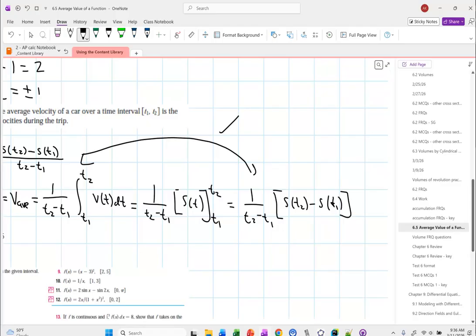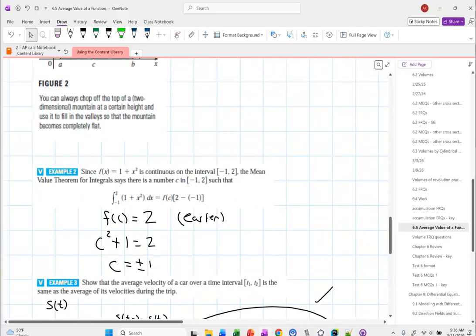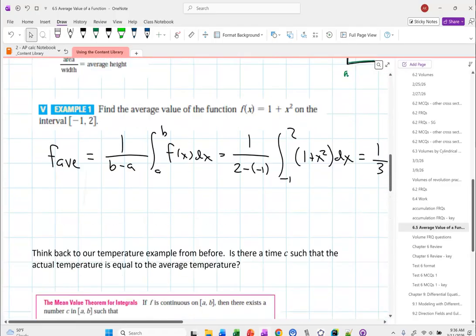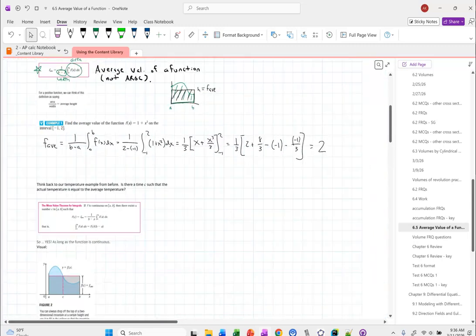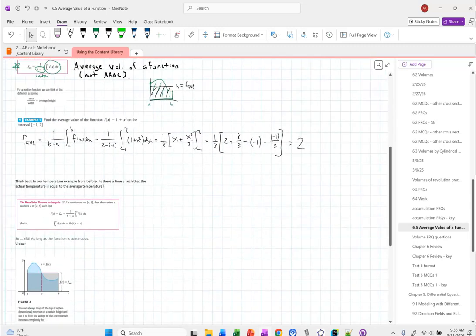If you go back to the first example, on the last one, I'm confused why it's not plus. Isn't it minus 1 plus minus 1 over 3? So it's 2 plus 8/3 plus 1 plus 1/3. I thought it was 2 plus 8/3 minus 1 plus 1/3, but we're plugging a -1 in, right?